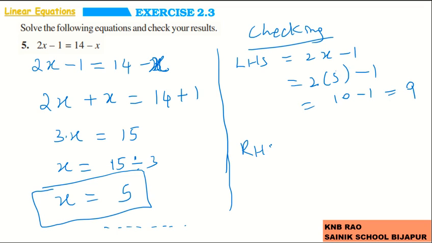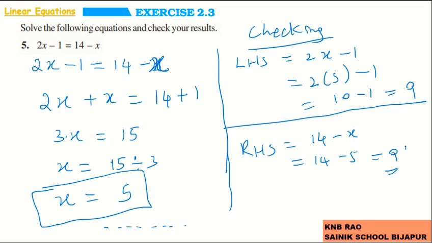Now I am doing RHS separately, where RHS is 14 minus x, 14 minus 5, which again gives you 9. So we say therefore the left hand side value is equal to the right hand side value. It confirms to us that the solution we found is correct.